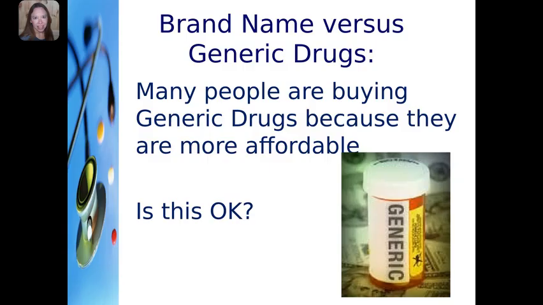My insurance company, as of January 1st, no longer allowed me to get my prescription filled with the name brand only. So now I'm being forced to have the generic version. And I can tell you from my personal experience that the generic version does not work nearly as well as the name brand. Well, why is this? We're going to talk a little bit more about this.